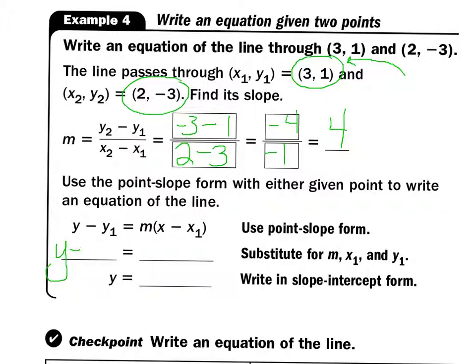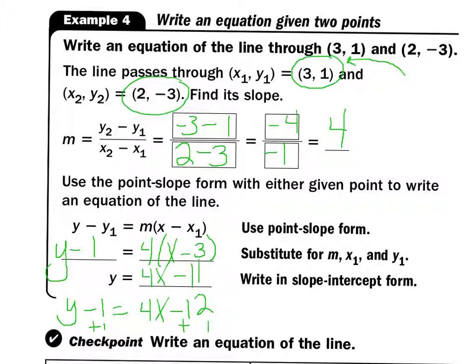So y minus 1 equals 4, x minus 3. I'm going to go ahead and simplify this to be y minus 1 equals 4x minus 12. Add 1 to both sides to get y equals 4x minus 11. And that's my final answer.